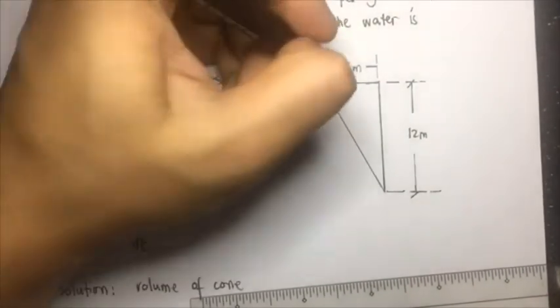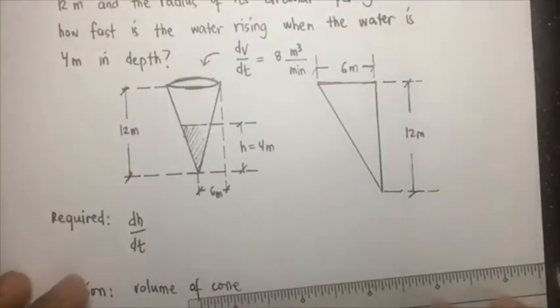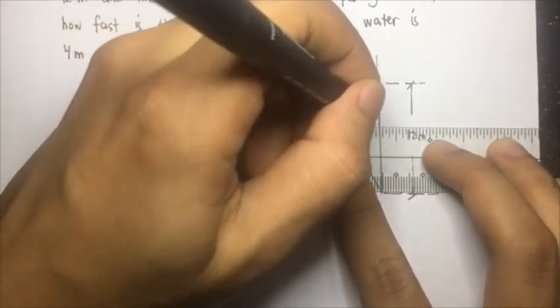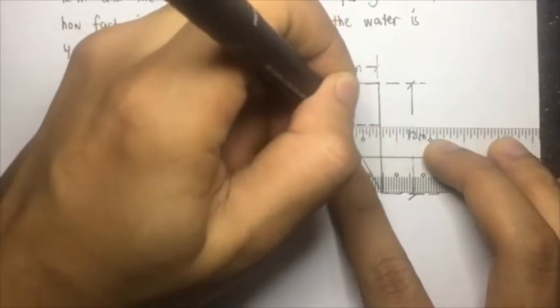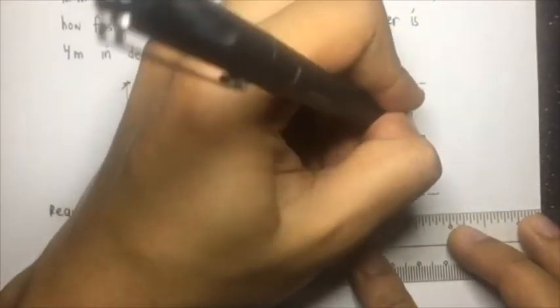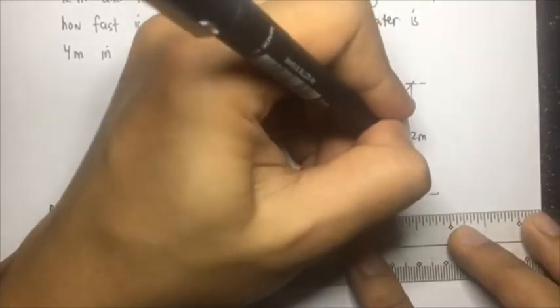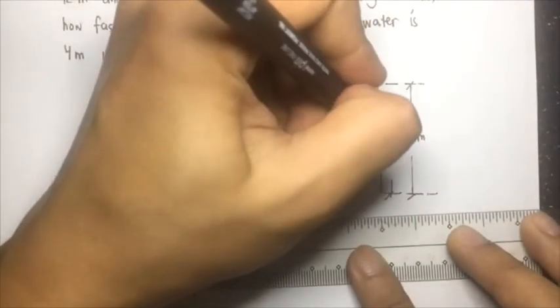Okay, and then the height of the water at any time is h. And the radius at any time is r.